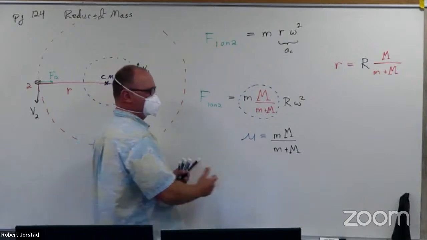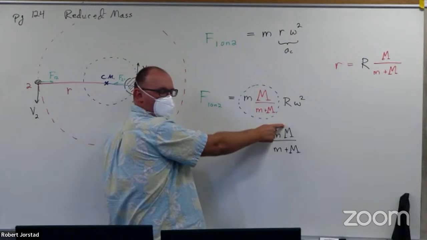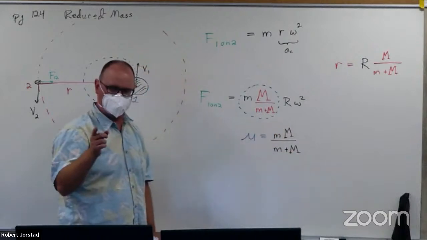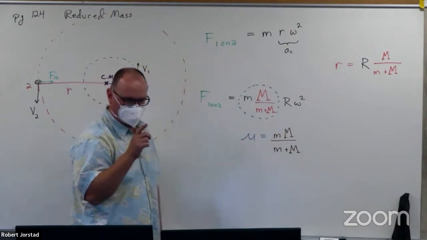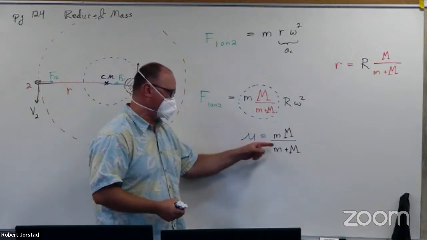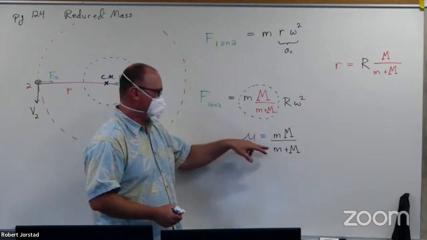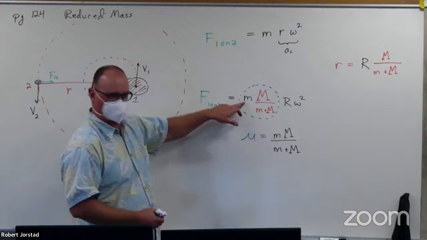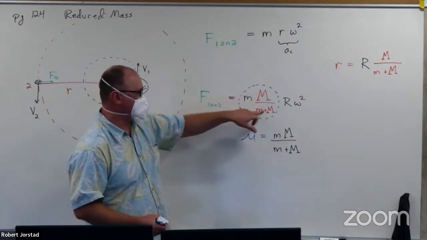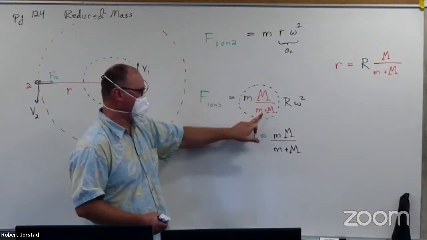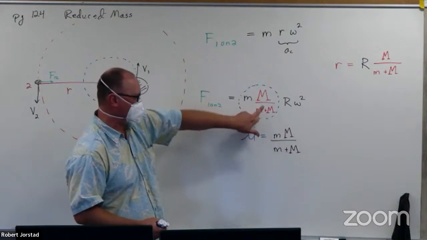Kilograms, because this is kilograms squared on top, but kilograms on the bottom. Agreed? Let me ask you this. Is this bigger or smaller than little m? When you put all this together, look at this version of it. Look at this number. Look at the red number right here. Is that bigger or smaller than 1?